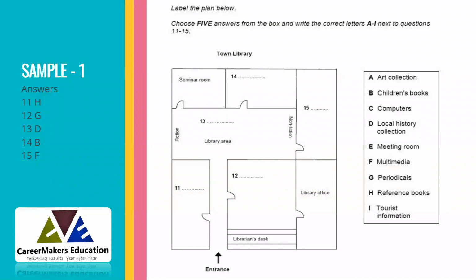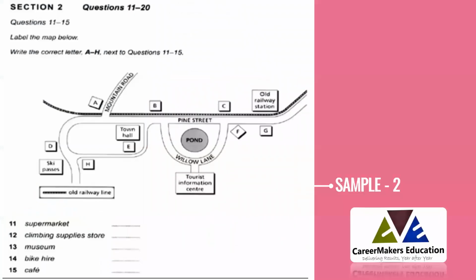This type. Okay, this is a map. Earlier we took a plan, and now this is a map. That's what you need to label. Now just go through this map.